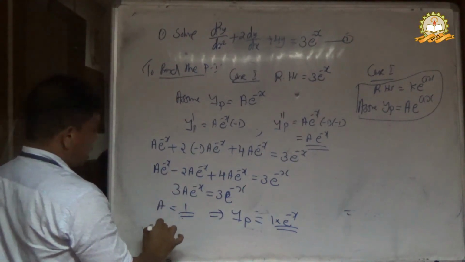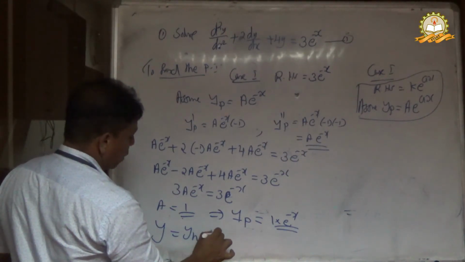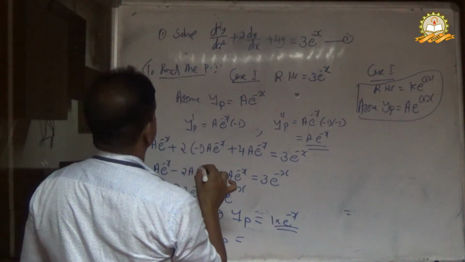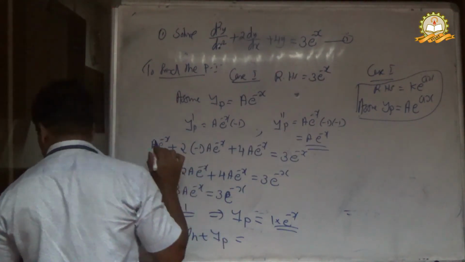Therefore, our final solution y is equal to y of h plus y of p. Y of h we already got.